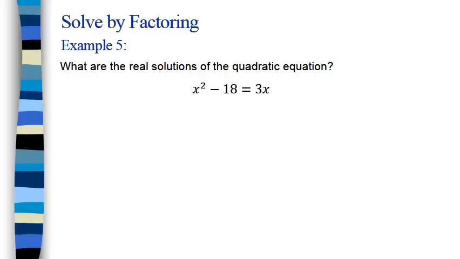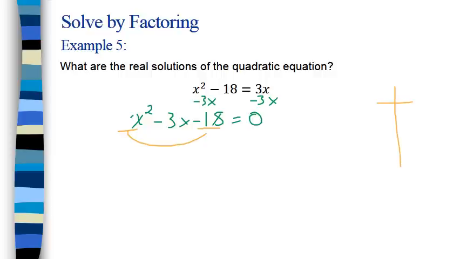In this case, we notice that we don't start automatically with everything equal to 0, but that's okay. We can utilize our inverse operations to go ahead and subtract 3x from both sides. So now we can rewrite the equation as x squared minus 3x minus 18 equals 0. We check for greatest common factor and we notice that there is not one. So we're going to utilize our trinomial factoring technique.